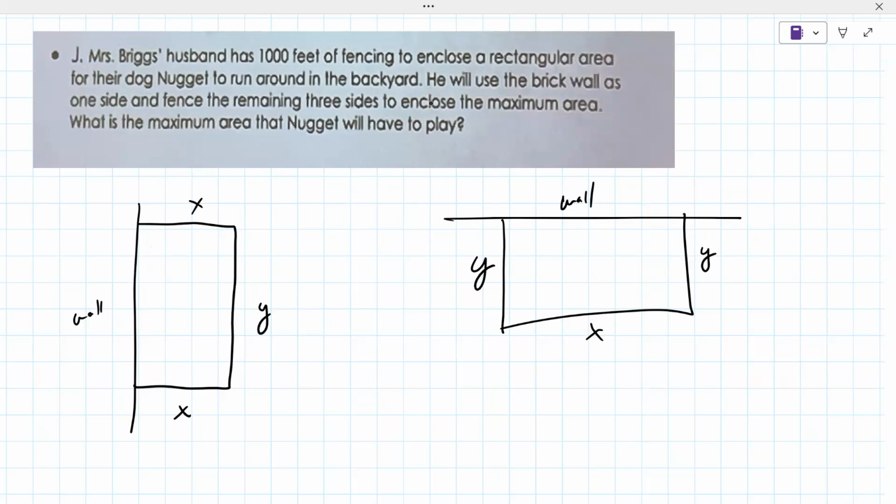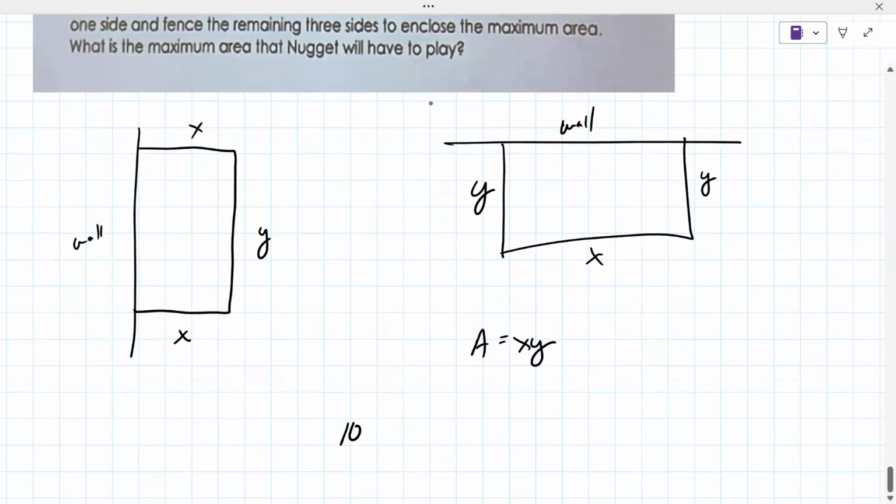Okay. So 1,000. The area is x times y, but you're going to write 1,000 equals, depending on which one you use, either 2x plus y or x plus 2y. It doesn't really matter.